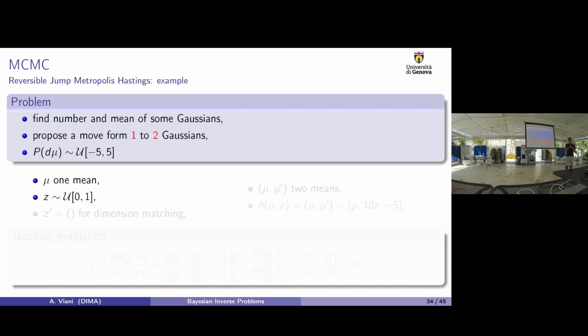Then maybe I don't use a Gaussian distribution for that. Why? Because at first I have to choose the number, and I cannot extract the number of Gaussians from a Gaussian distribution. I need, for example, a Poisson, a discrete distribution for the numbers. So if your variable is a number of something, then the kernel is not proper if you use a Gaussian, because the majority of the time you will extract a real number.